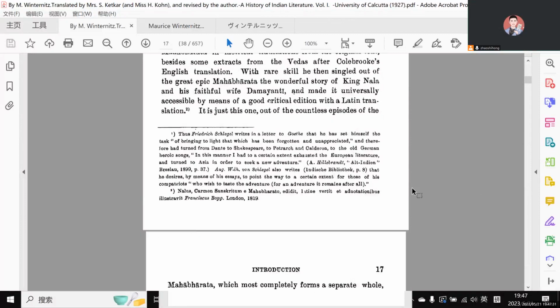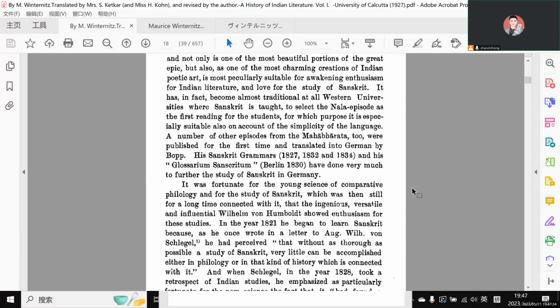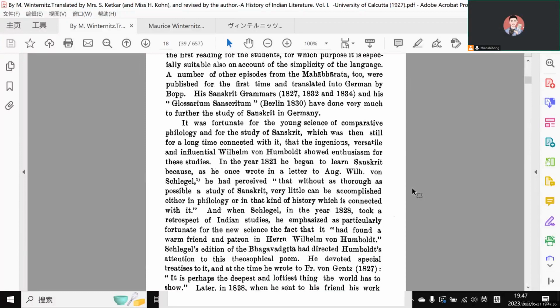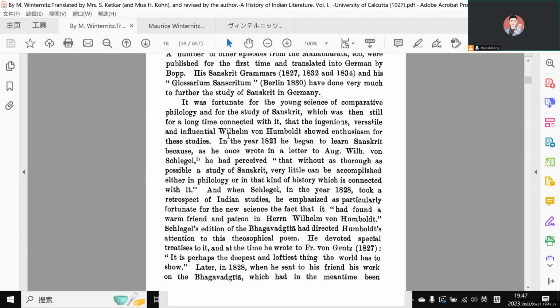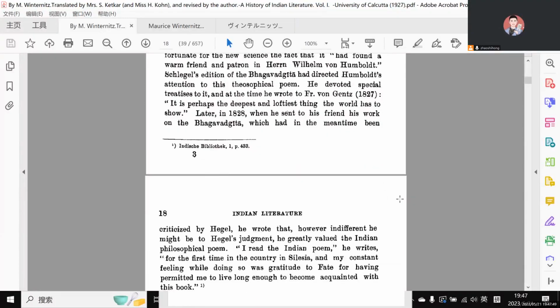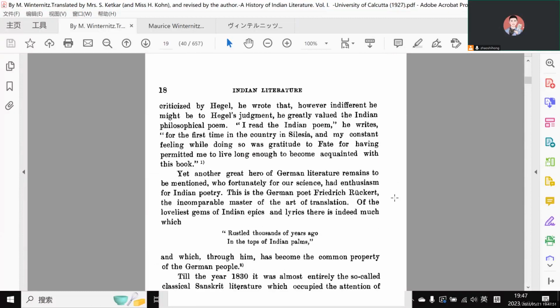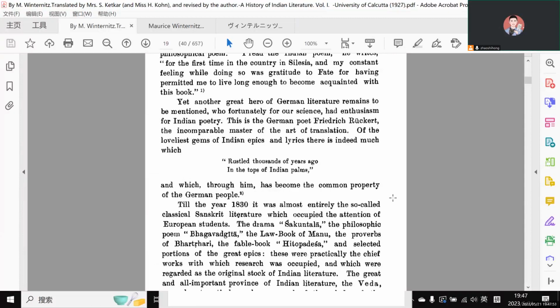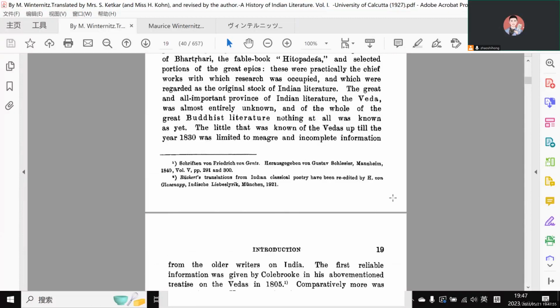And what we have next is, let me see, Wilhelm von Humboldt. He is also a researcher on linguistics. Later scholars, let me see what we have.